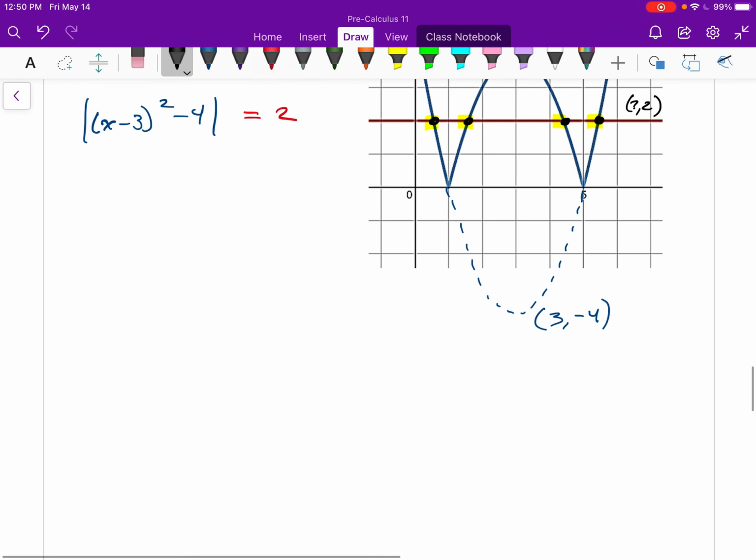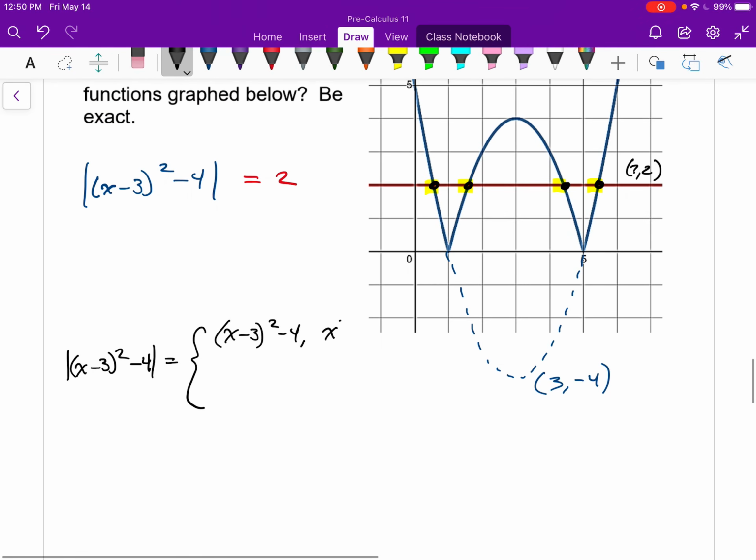What are my pieces? Again, if I look at the left-hand side, it is just the exact same thing, (x minus 3) squared minus 4. And I look at that piece when (x minus 3) squared minus 4 is greater than or equal to 0.